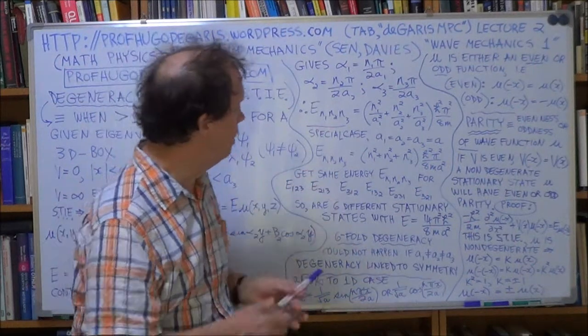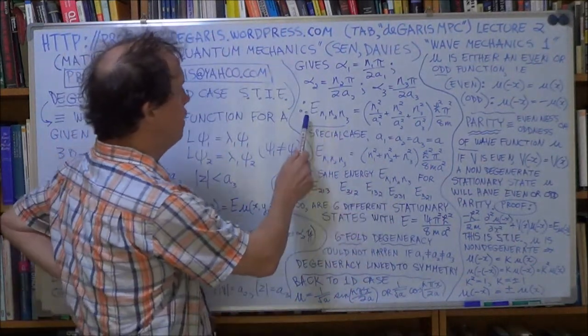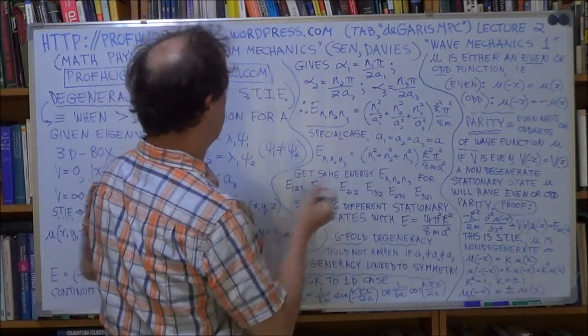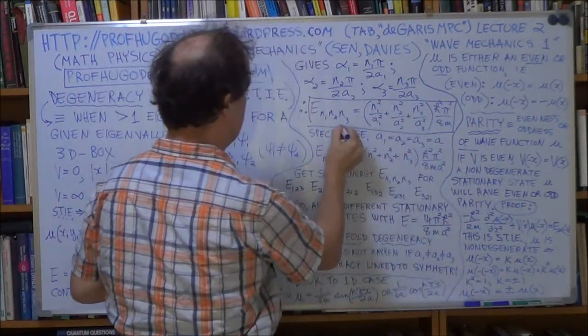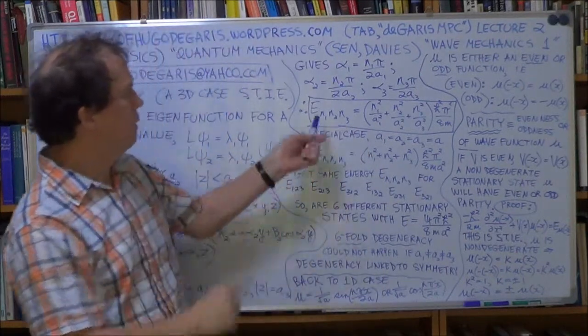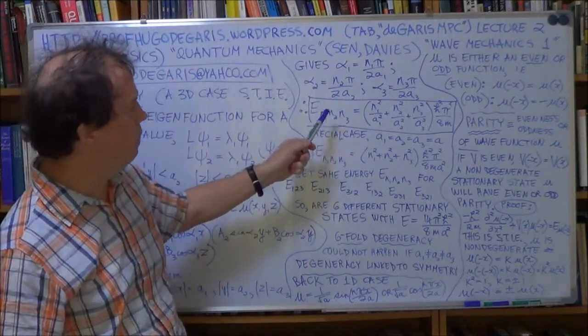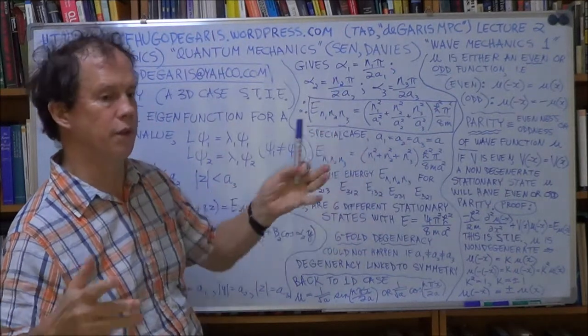Okay, so here's our formula. Let me put a bar around that because it's sort of important. That's the formula for the energy in the three-dimensional case of the box.